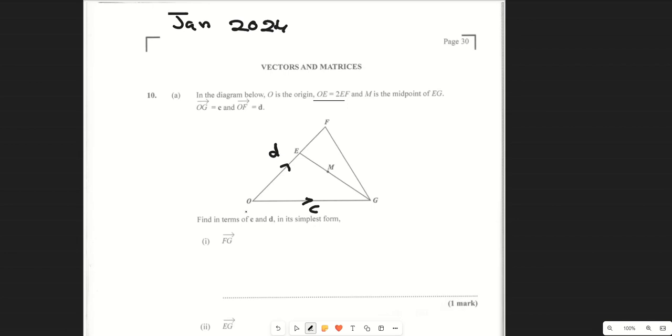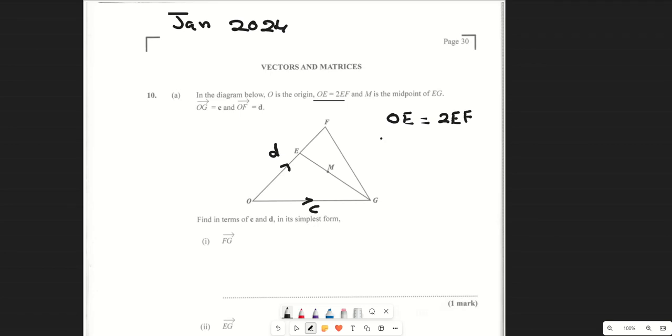So let's dissect this. What would be OE? We know that OE is equal to 2EF. Let's count how many parts there are. OE and EF are on OF.